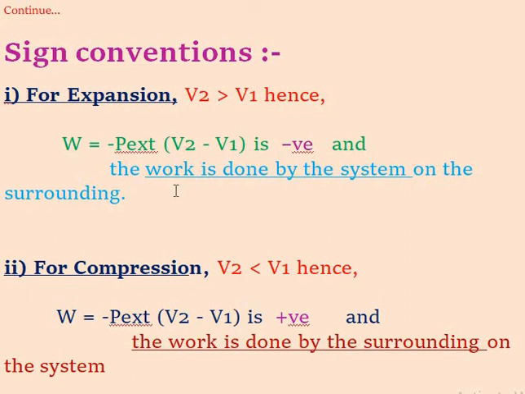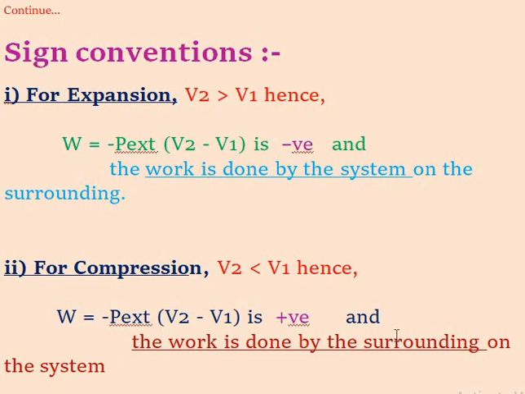In case of compression, the initial volume is V2. When compression takes place, we compress the system to volume V1. Hence, this difference V2 minus V1 is negative. But due to the minus sign, the work done is positive, and the work is done by the surroundings on the system.